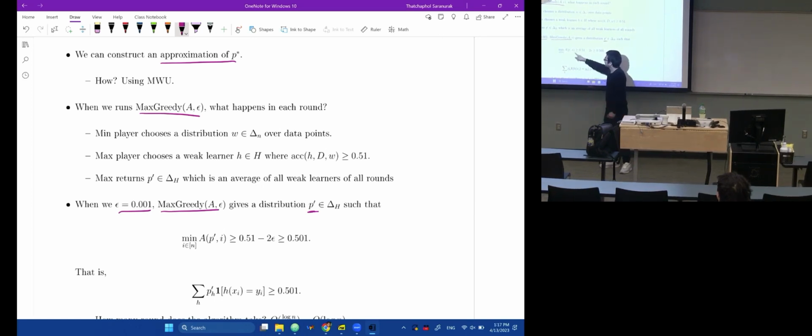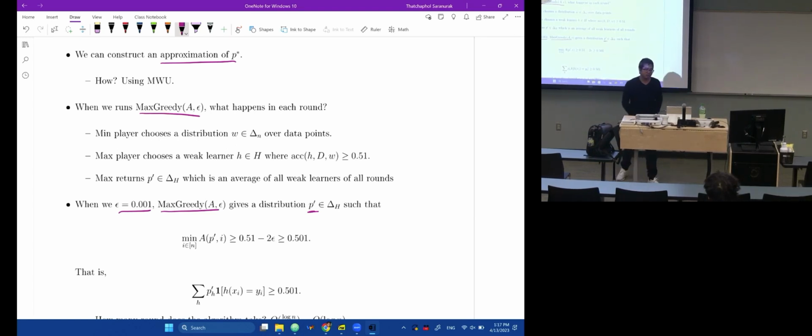If it is P star, then this thing is like 0.51, but you have now some approximation here. But you set epsilon to be small enough, so this is still strictly more than half.